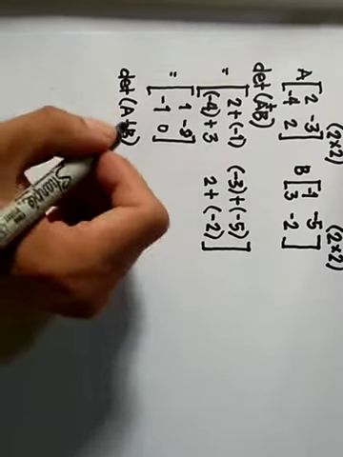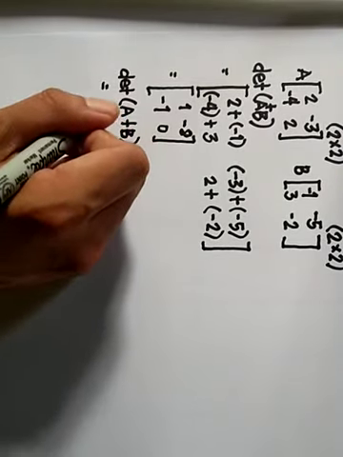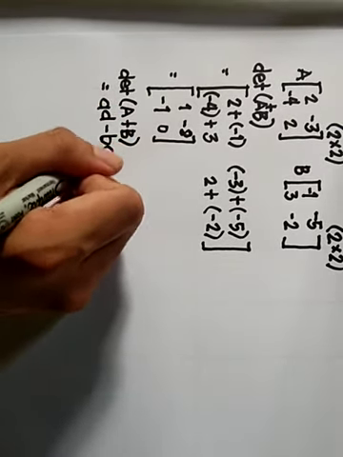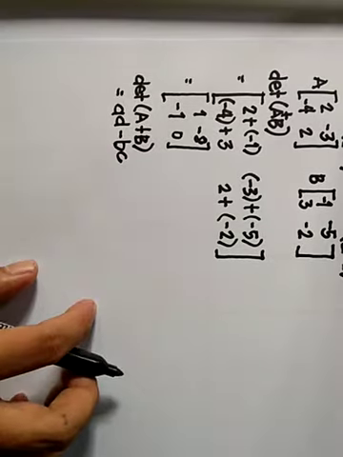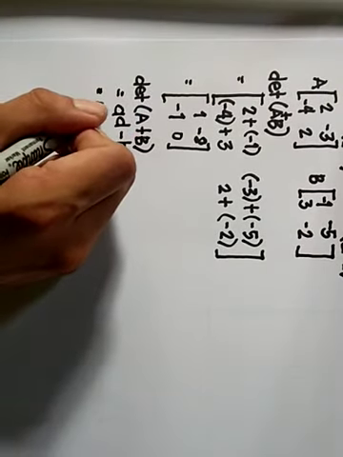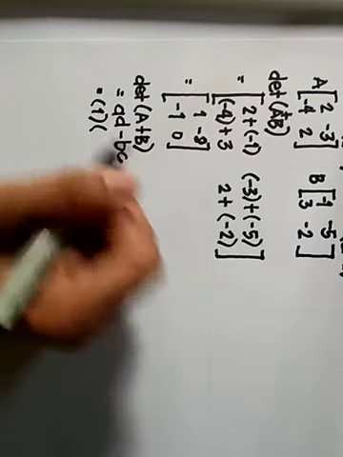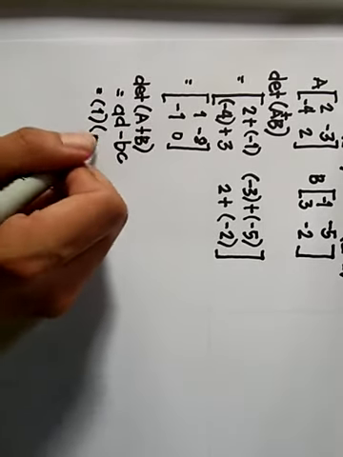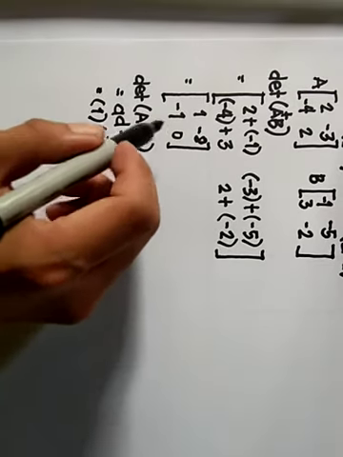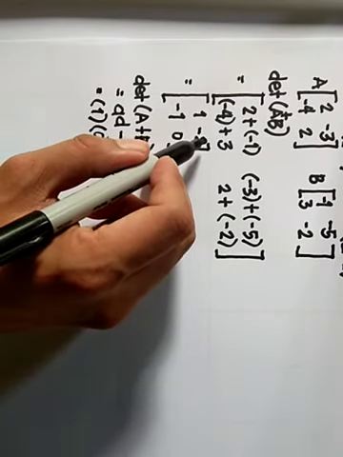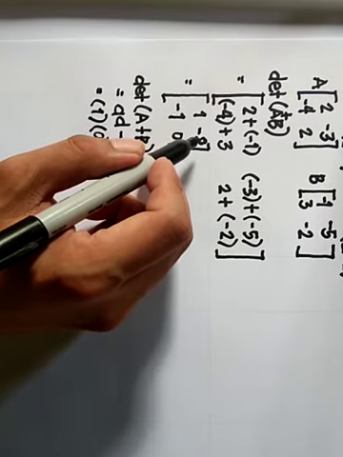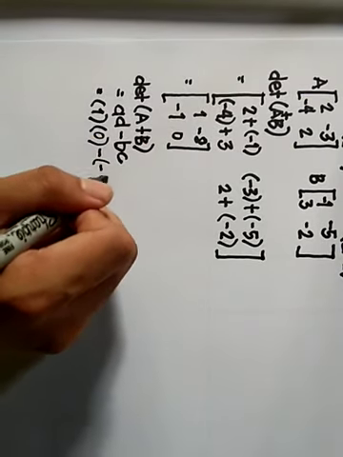So, again, the formula for determinant, we will have A times D minus B times C. So, yung A natin is 1. Naka-multiply siya sa D, which is 0. And then, it is subtracted by yung ating B, which is negative 8.